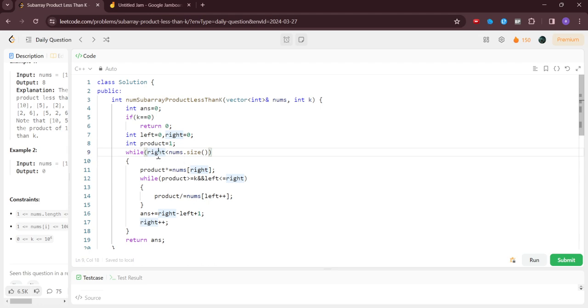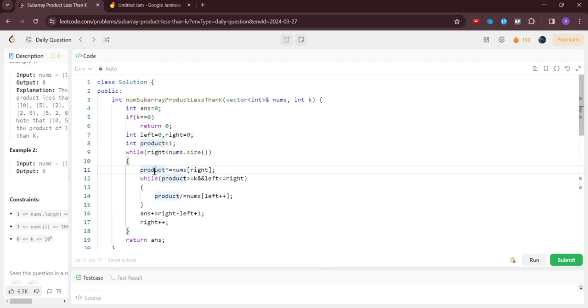For this, right should always be less than nums dot size. At each step, I am going to multiply the product with nums of right. And suppose the product is greater than or equal to k, that means the product is more than what we really want, which is k.